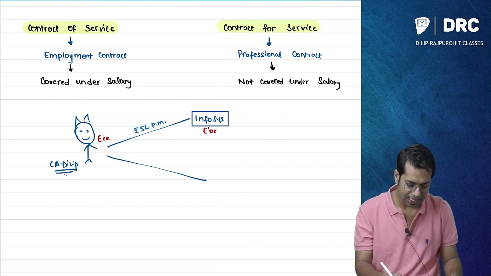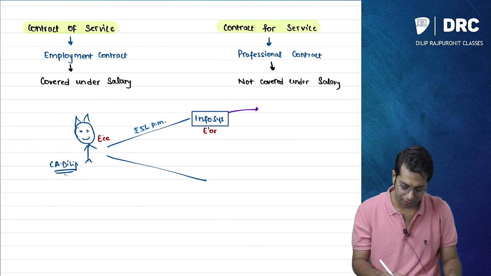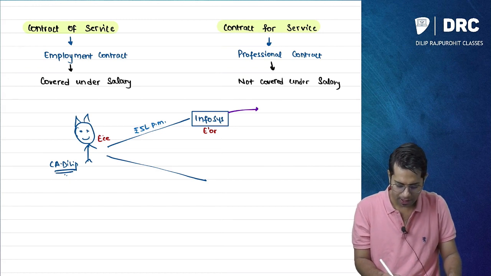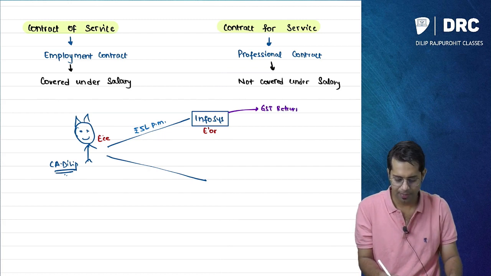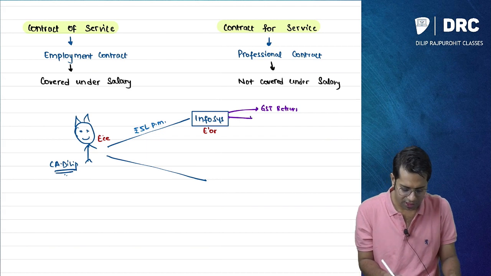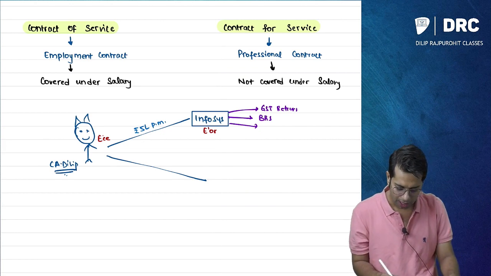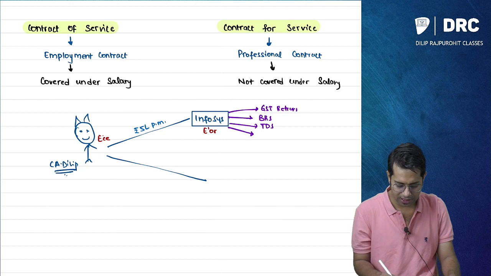Now Infosys is telling me to file their GST returns. Infosys is telling me to prepare the bank reconciliation statement. Infosys is telling me to do TDS deductions. Infosys is telling me to do computation of profit and loss account and balance sheet, etc.